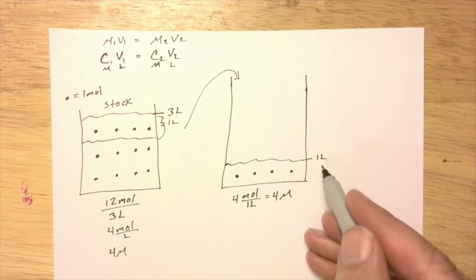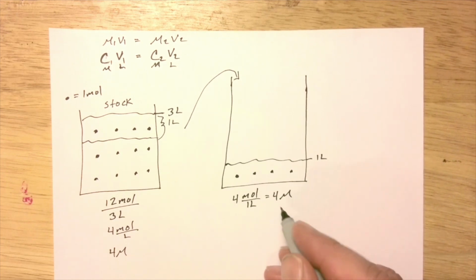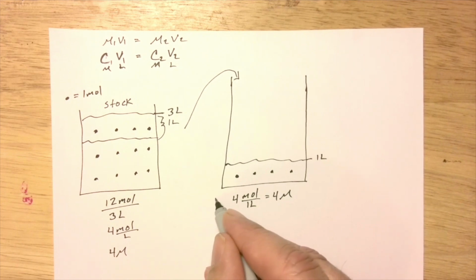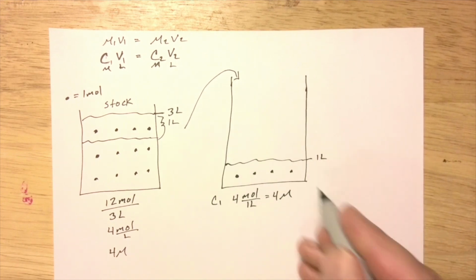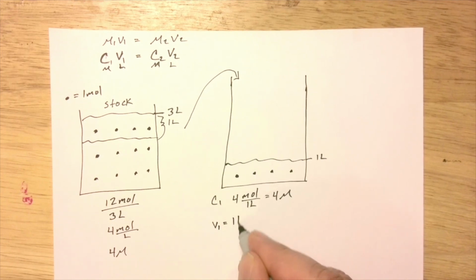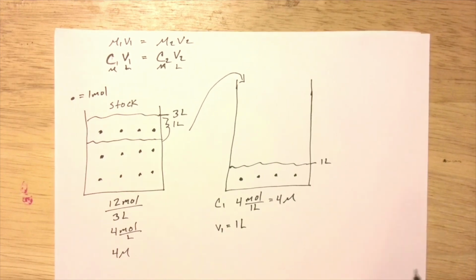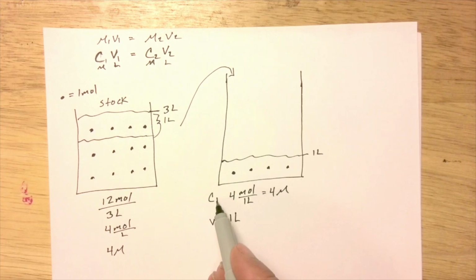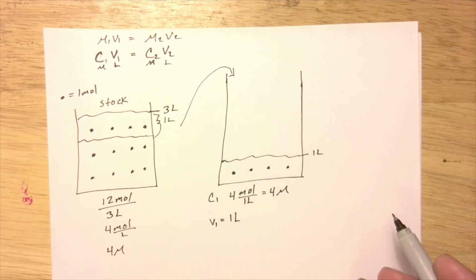And I have 1 liter of it. So right now, this is my C1. My V1 is 1 liter. So the 1s are what you have before you do anything. The 2s are after the dilution.